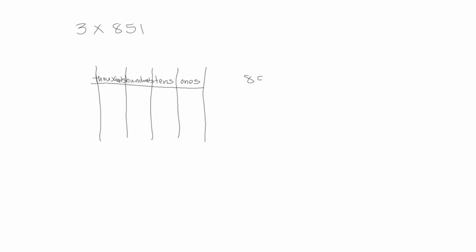Now I'm going to do this one a little bit differently. This time, instead of recording the largest factor to start with, we're going to figure out our partial products, and we're going to record our partial products in the place value chart. So writing our problem vertically here, we're going to start with ones.